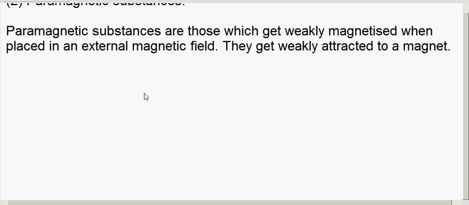Next is ferromagnetic substance, which you can strongly magnetize. So to get a magnet, or to magnetize a substance, you have to take a ferromagnetic substance.